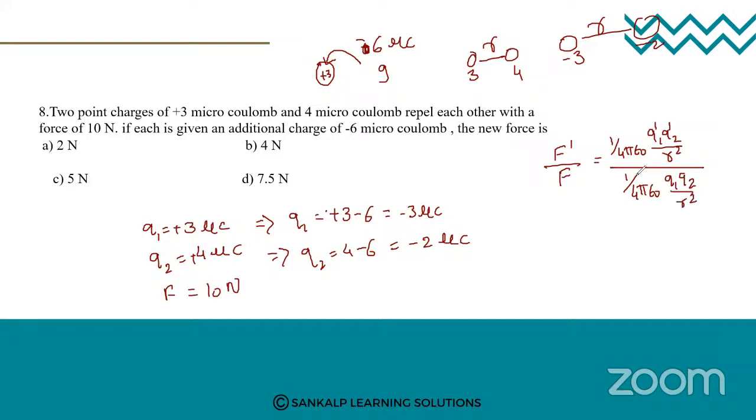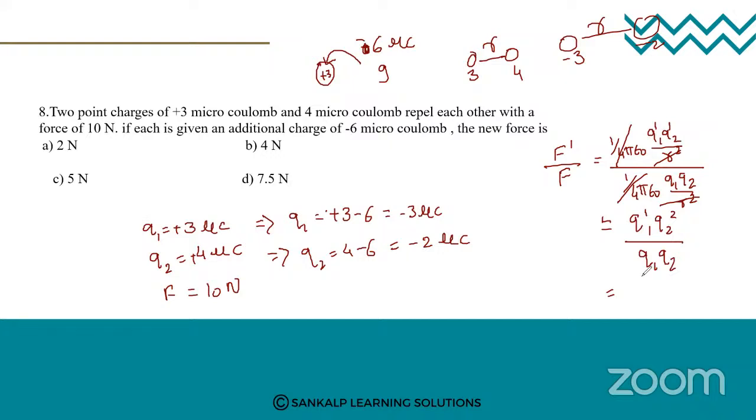So here what gets cancelled? 1 by 4 pi epsilon naught will get cancelled, because the value is same. And similarly, they have not said the distance is varying. Therefore, the distance terms will also get cancelled. What remains is Q1 dash into Q2 dash divided by Q1 into Q2. Now you can substitute the values.